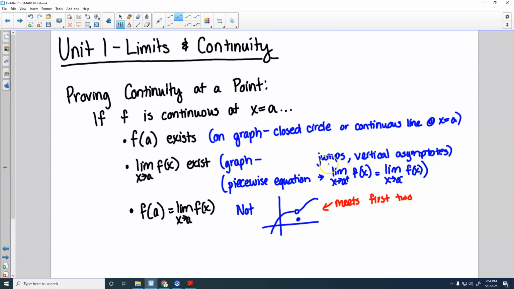Meets first two requirements, but not the last. So continuity is something they sometimes ask about.